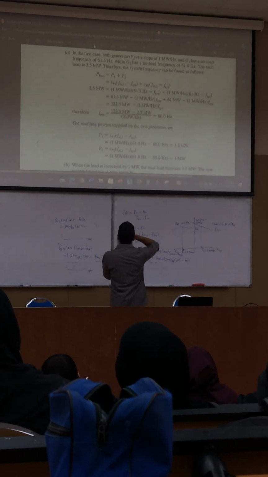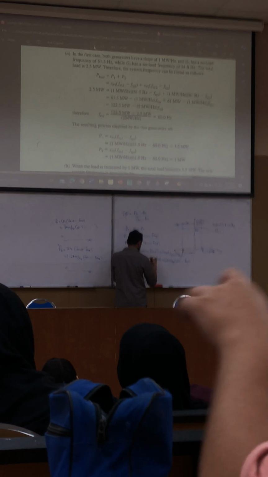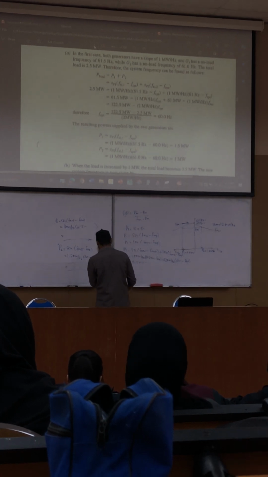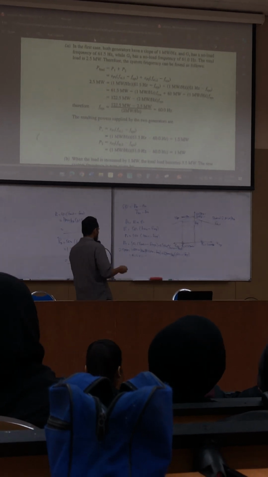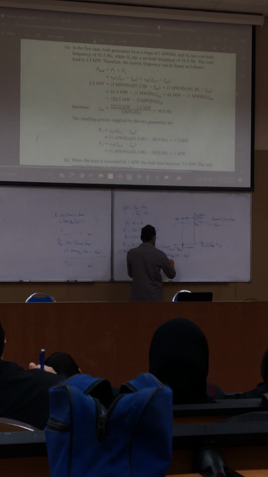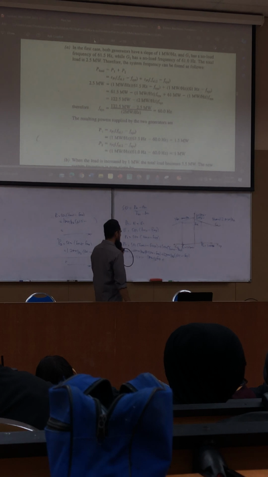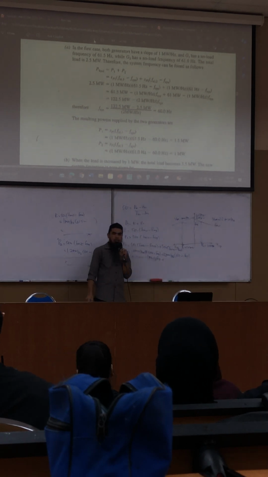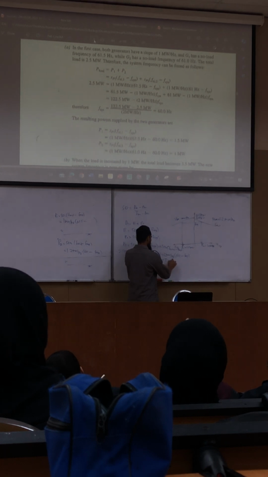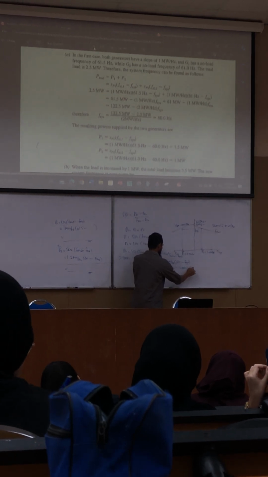So what does it do? This is 1 megawatt per hertz in F system. 1 megawatt per hertz F system plus 6 gives 72, minus 1.2 megawatt per hertz times F system.